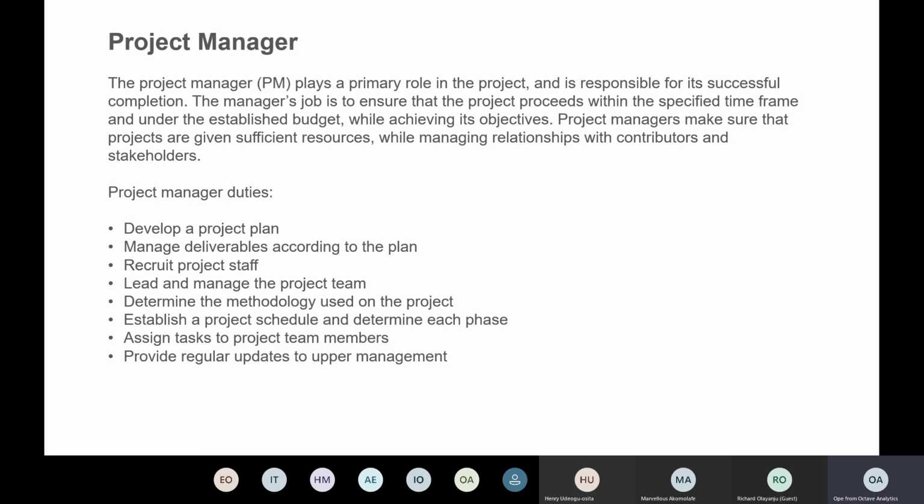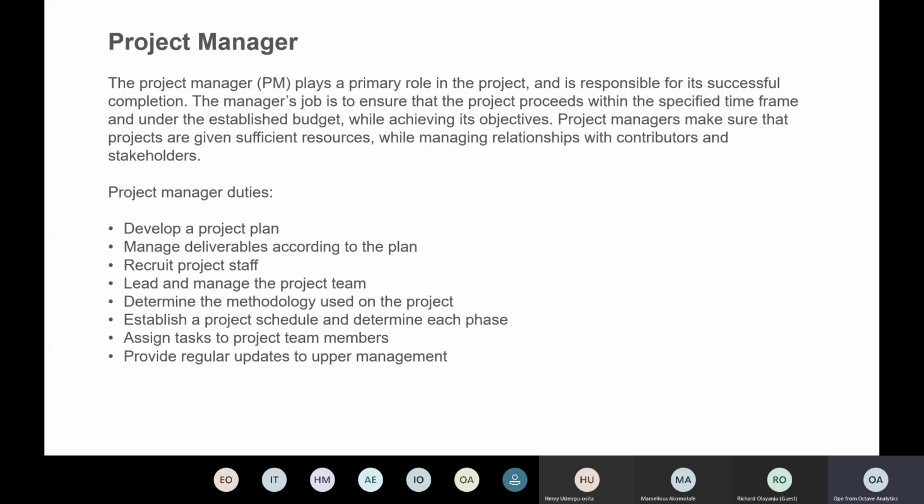Sometimes they're also involved in recruiting the technical staff, because they also are the face of the project. So they get involved in identifying people with the right mindset to work on a project with them.